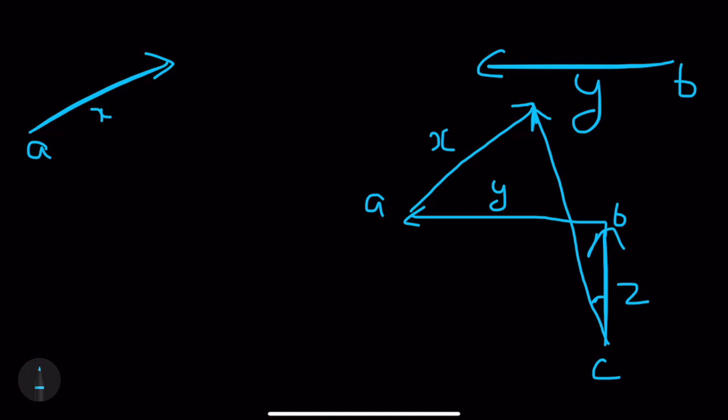So this is a much simpler method, I believe, for finding the addition of vectors, and you don't have to remember any of the triangle laws or parallelogram laws. All you need to do is remember this head to tail method. If you know that, I believe it will be very easy for you to add any vectors in the future.